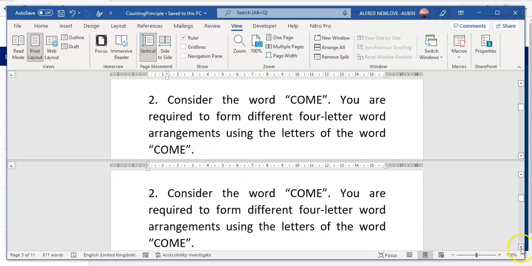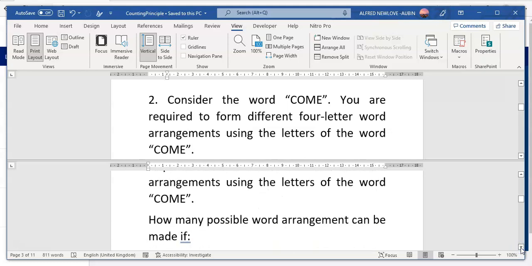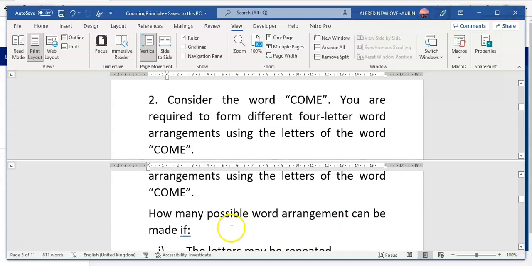Okay, let's see the question. It says, consider the word come. You are required to form different 4 letter word arrangements using the letters of the word come. How many possible word arrangements can be made?